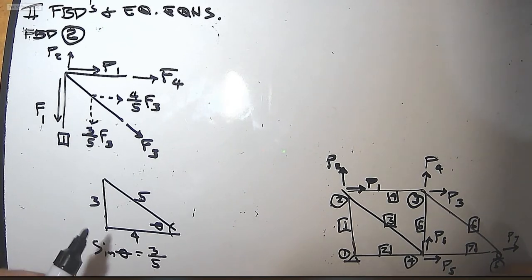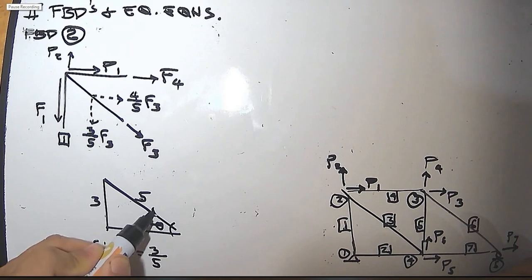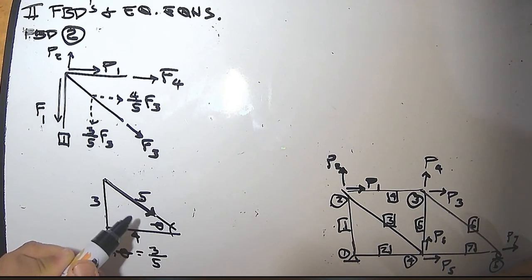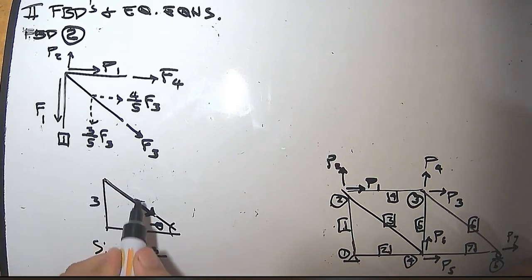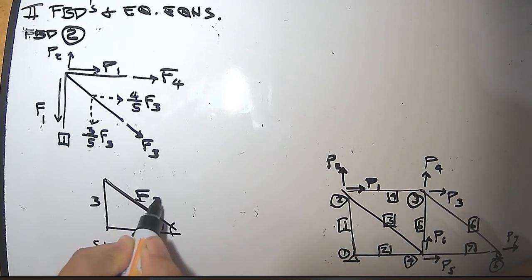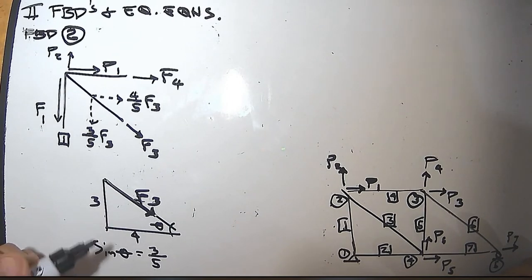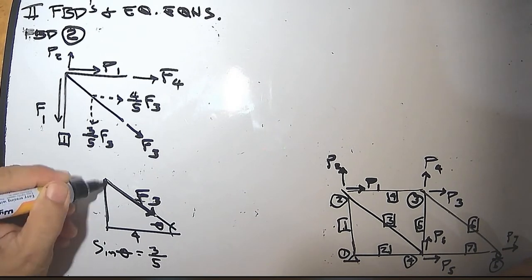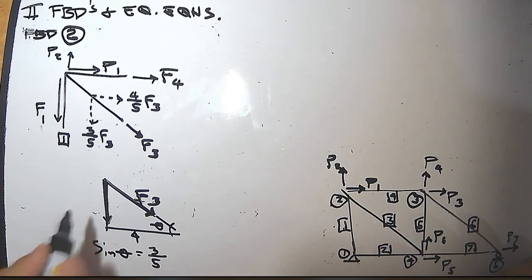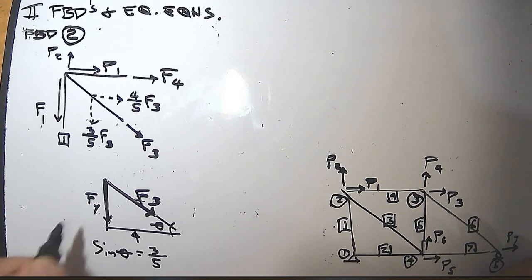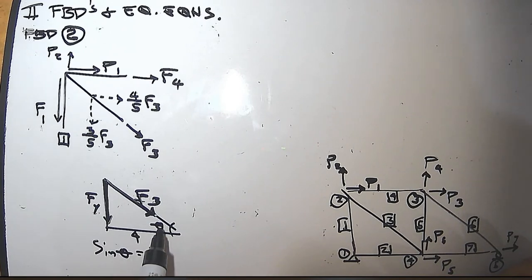Likewise, if this arrow is F3, and then this arrow, let's say Fy, then we can say that sine of theta is also equal to Fy all over F3.